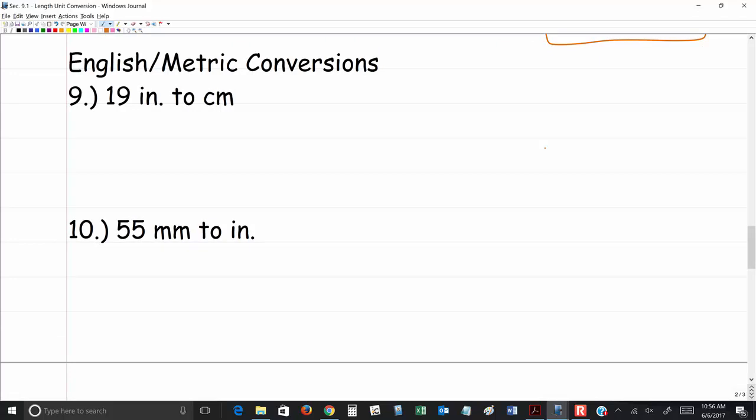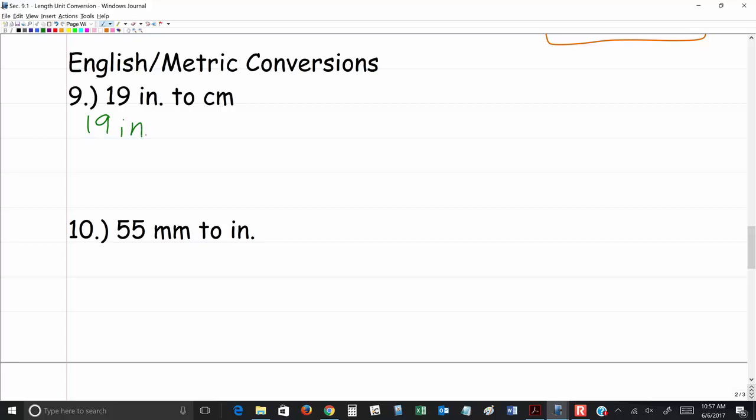Okay. All right, so then we're going to go with converting between the English and the metric system. So for that, we're definitely going to use the conversion factors that we have on the formula sheet. And then let's see, so we have 1 inch is equal to 2.54 centimeters. So start with what we have, which is 19 inches.